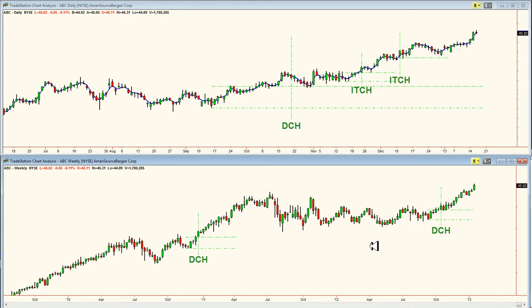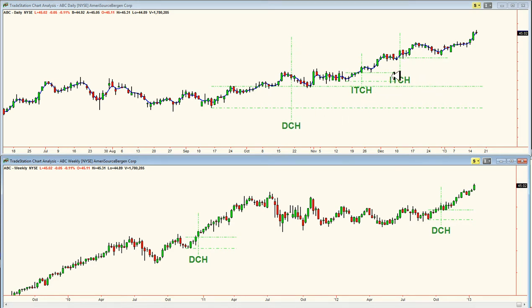Now, in Crosshairs trading, we study the weekly and the daily charts, and we look for agreement on both of those charts. So in our workspace, we will have a signal that will fire on the weekly chart called a DCH, and also look for a signal to fire on the daily chart called an ITCH, or an itch.